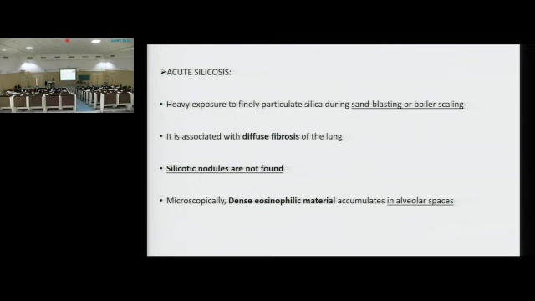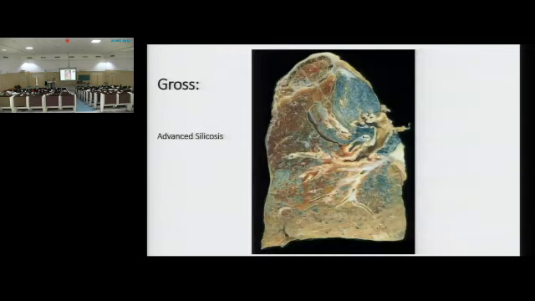So you can see a gross image of the lung from a patient with advanced fibrosis. These are nodule formations, with large areas of fibrosis in between. There are bronchi and bronchioles, and you can see a white structure in between, which is a large area of fibrosis.